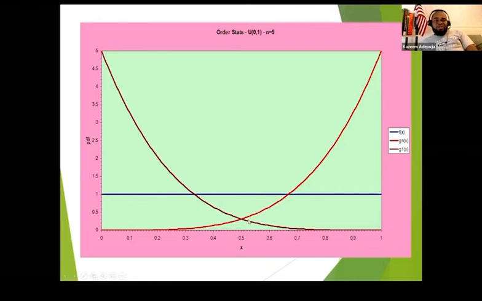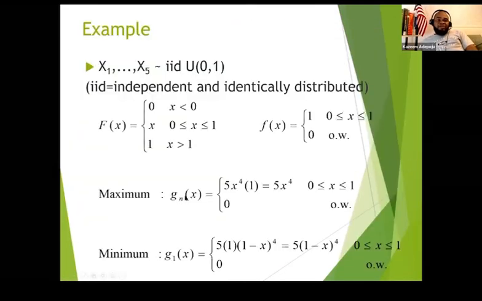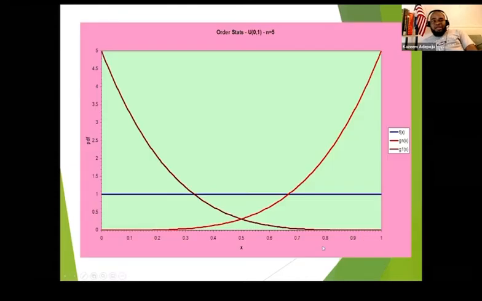The PDF of the maximum is a function of x, and this one is also a function of x, and that is the reason why you have that. So you can see that even though all three are in the range of 0 to 1, they are not the same.